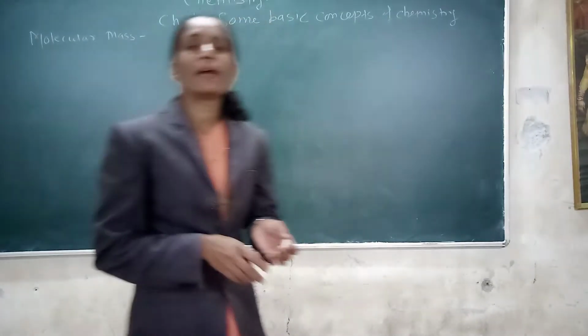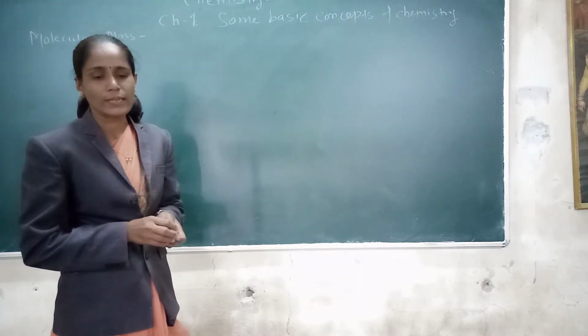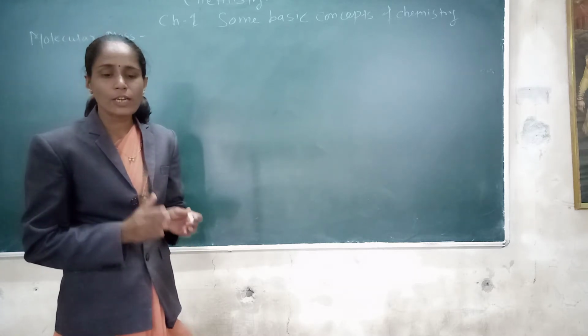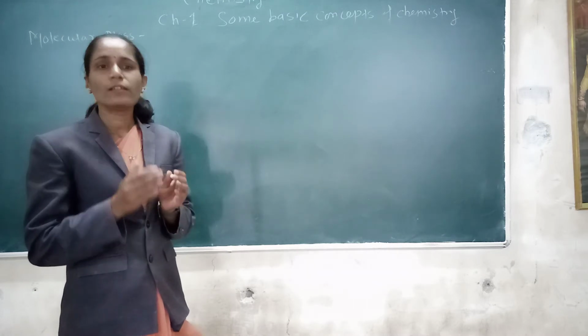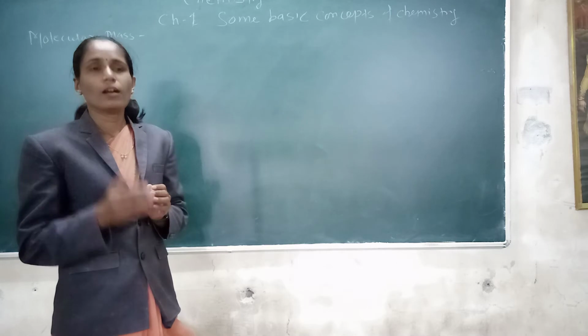Again, here I repeat the formula for average atomic mass: the average atomic mass of an element is equal to the mass of the element into their percentage upon 100.